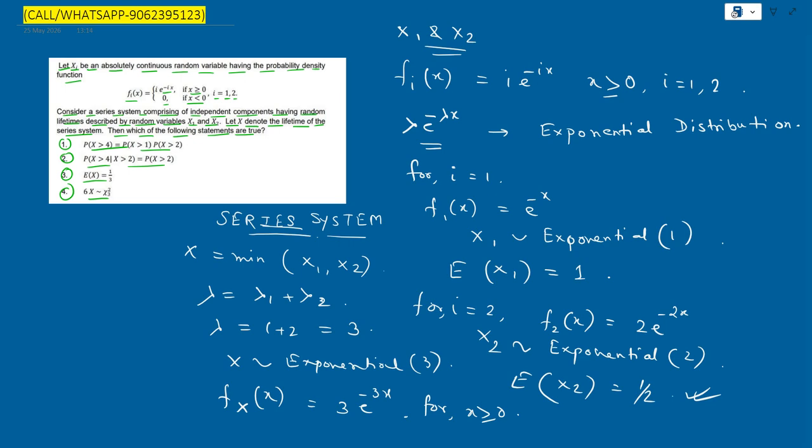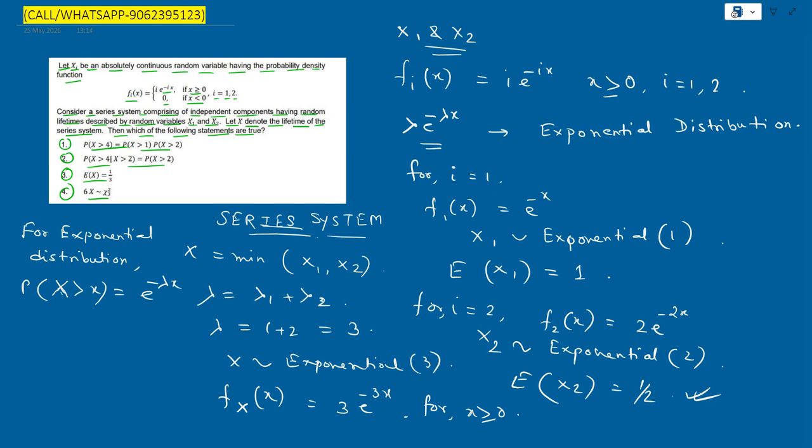For the exponential distribution, the survival function is e to the power minus lambda x.